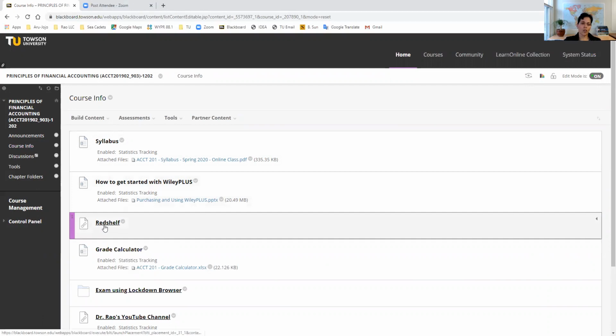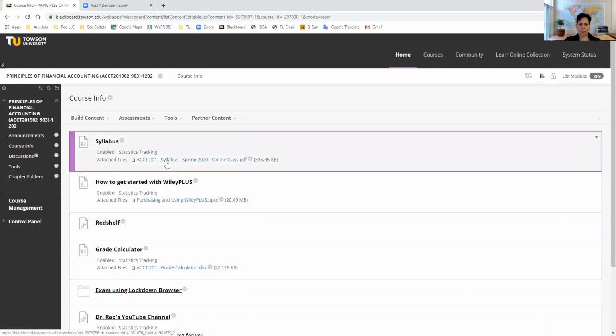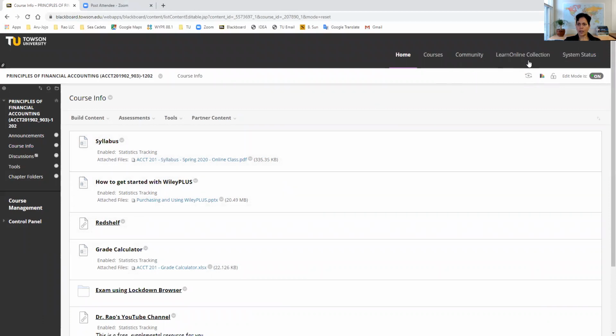You will go to RedShelf only if you want to opt out of purchasing Wiley Plus over here. I'll go through that in a minute. And the grade calculator is something we're all really interested in, and I want to tell you what to do over there. So let me start with my syllabus, and I am going to do a new screen share, and that would be my syllabus.